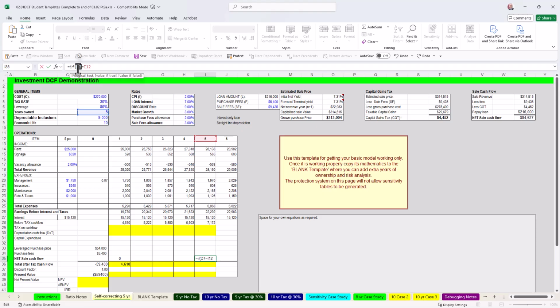I'm going to make that absolute, and so D7 will always be referred to and then tested against the year I'm in, which relatively speaking is so many rows above the row where the equation is, and that's my conditional statement. After that I will put a comma in, and if that is true, then I will bring in the net sale cash flow, which I will put in absolute terms, because I always want it to go to x8.